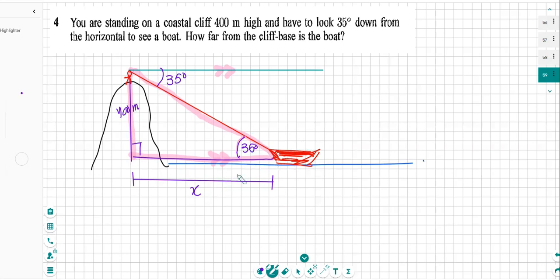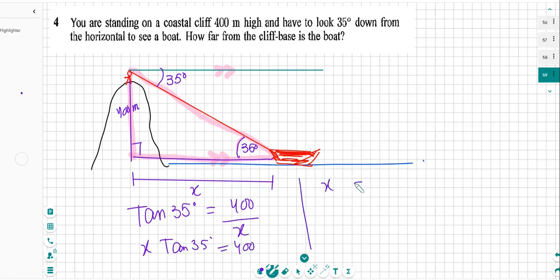Got it? Yeah. Which ratio should be used here? Opposite side, adjacent side, tan. Done. Yeah. So tan 35 is equal to the opposite side, which is 400, over the adjacent side, x. Shifting this x to the other side becomes x times tan 35 equals 400. Now shifting this tan as well, we have x equal to 400 over tan 35.